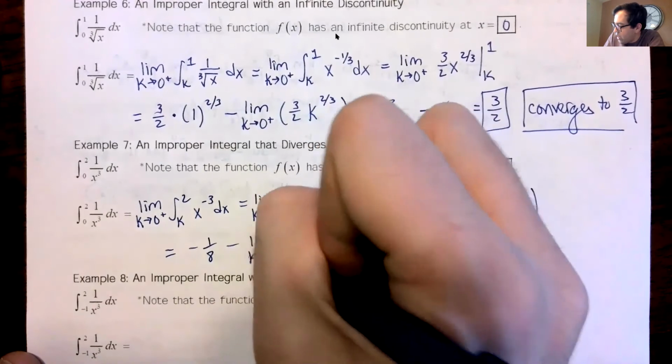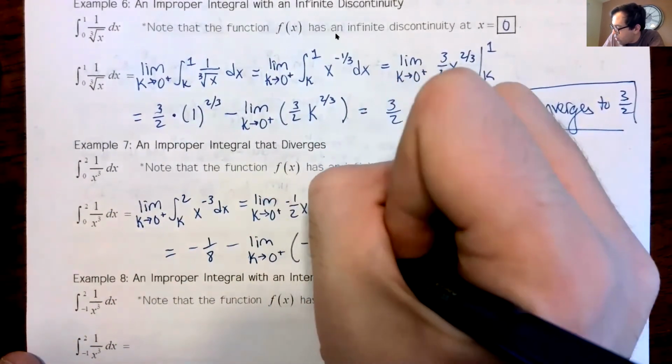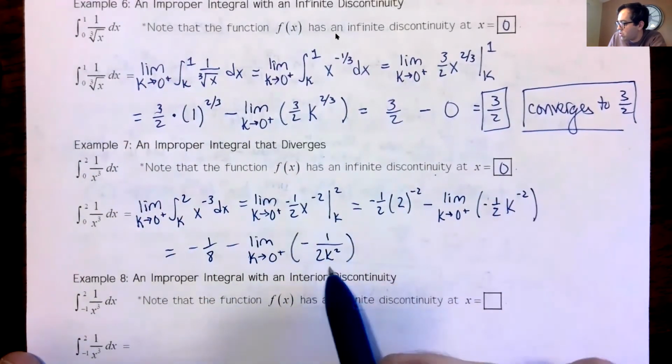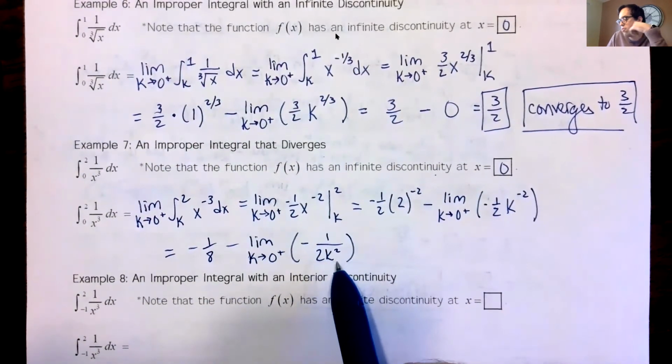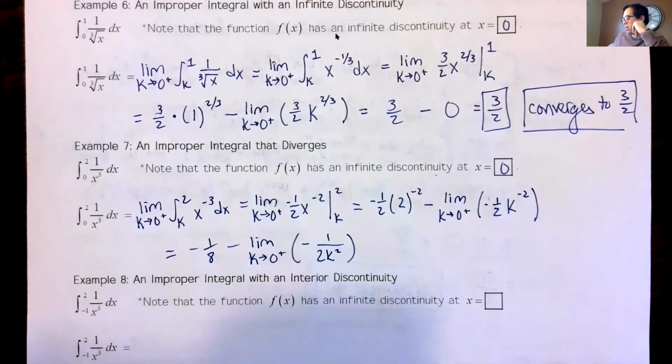And I'm going to rewrite it as -1/2k squared. So I'm going to move that k to the -2 to the denominator and make it 2 positive. As we approach 0 from the right, well, if we straight up plug in 0, we're going to have an issue because we're dividing by 0. And I'm pretty sure if we approach 0 from the side, the same thing is going to happen. We could look at the graph just to make sure. So let's do that.